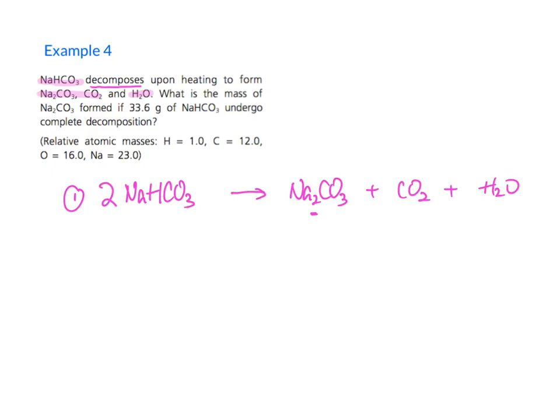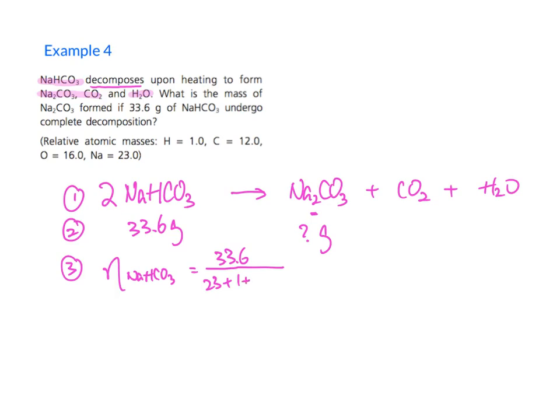Okay, so for this one, the question says that you need to find out the mass of sodium carbonate, and we have 30.6 gram of sodium hydrogen carbonate used. So the first one, sodium hydrogen carbonate, you need to divide 30.6 by (23 plus 1 plus 12 plus 16 times 3).